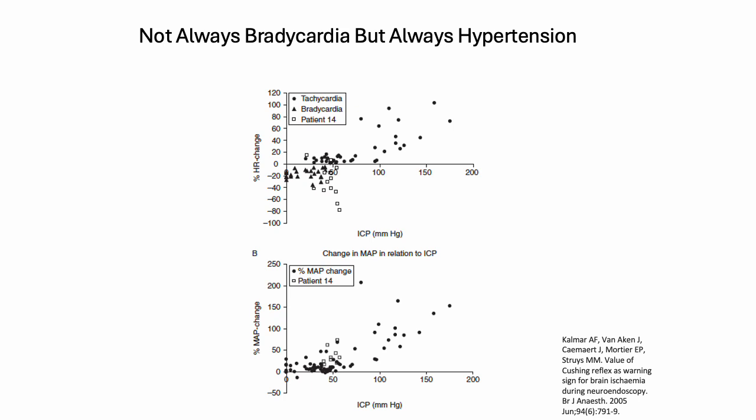So at the beginning, you don't see a whole lot of difference. And a lot of patients in this study actually end up showing tachycardia, not bradycardia. But almost all of them started to show hypertension once you go beyond 50. So to me, it's very important to know that heart rate doesn't always tell you what's happening, but hypertension makes sense, because the body tries to maintain the difference between upstream and downstream pressure, right?